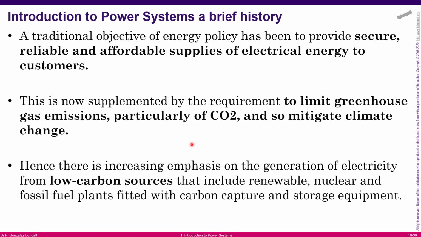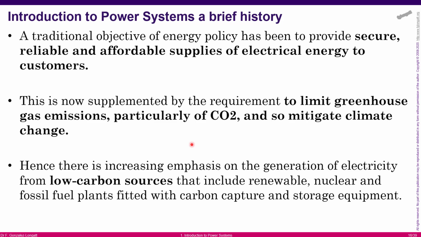Okay, what is the important thing that we need to learn from this history? That the secure, reliable and affordable supply of electricity to the customer is the main job that we have when we are working inside an electrical power system.